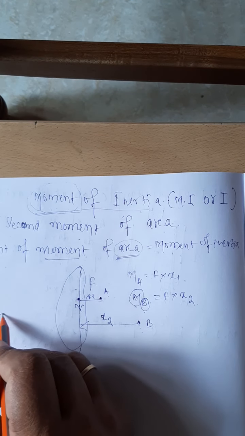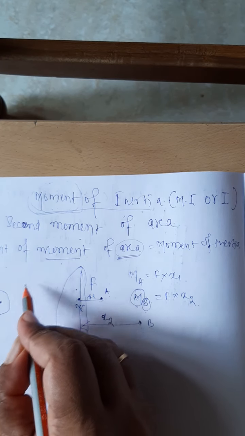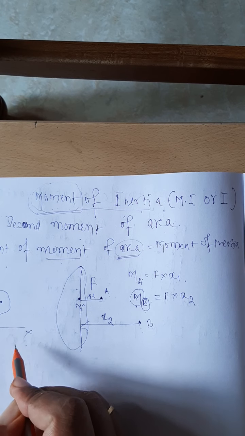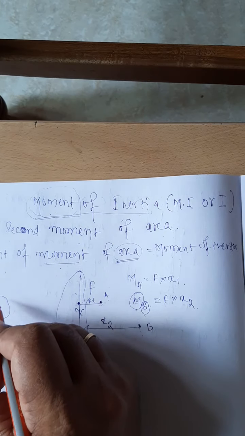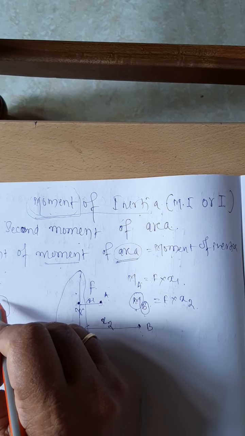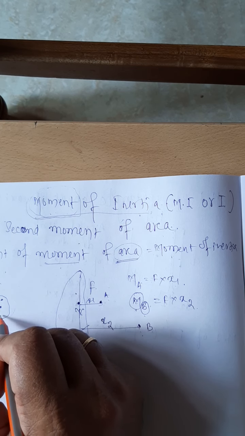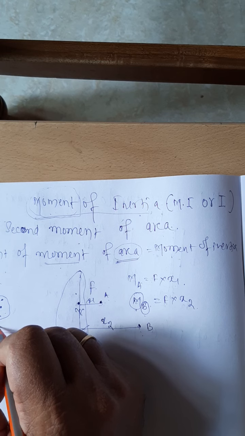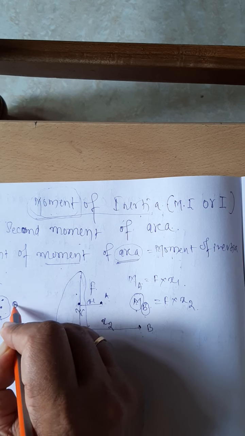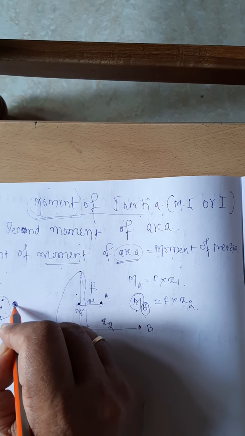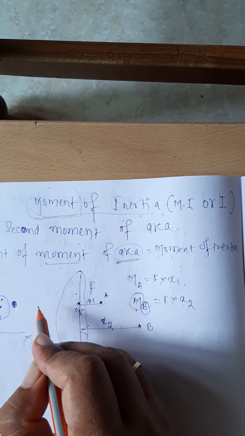Similarly, if some area is there and you want its moment about the line x, what is the meaning of the moment of this area? Say a small area is there such that its location is almost fixed, whether you take the point here or here, it is almost at the same distance. Indirectly, I need to go for a very small area initially. Afterwards, we will learn how to integrate it for any bigger area.